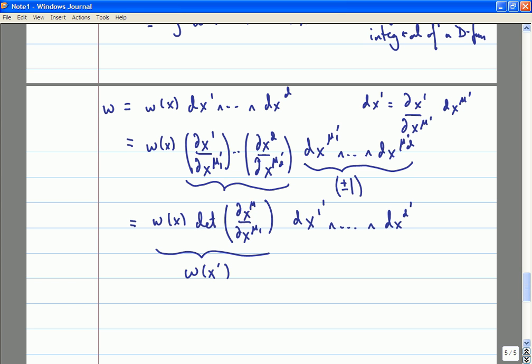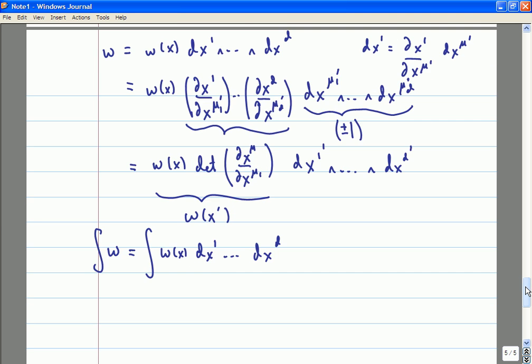So that means that if you remember our definition of the integral of a d-form, so that's the integral of omega of x dx1 all the way up to dxd, which, using our Jacobian transformation formula that we learned in multivariable calculus, is the integral of omega of x times the determinant of the Jacobian matrix dx by dx' times dx1' all the way up to dxd'.